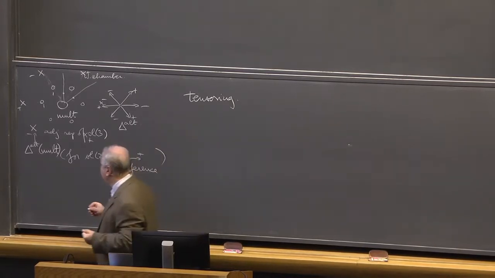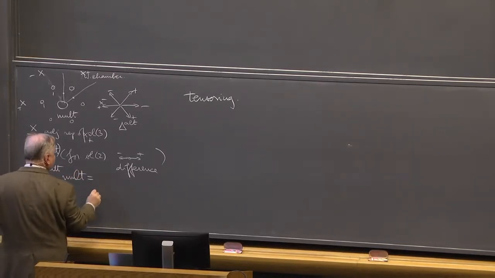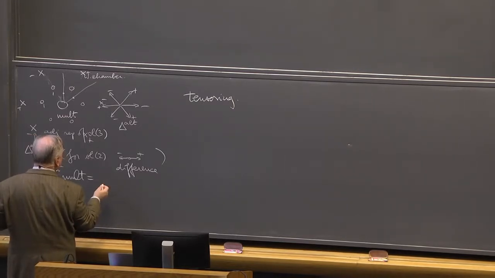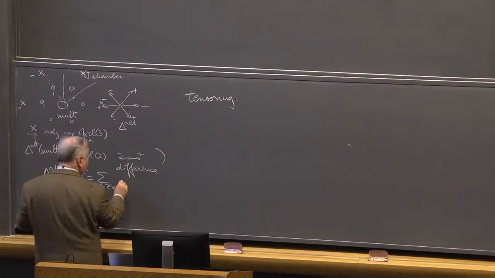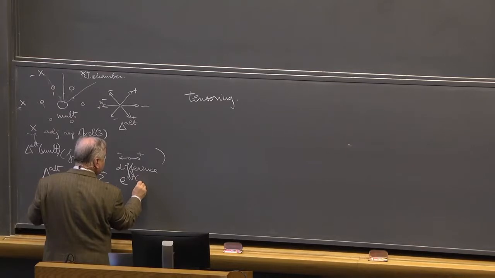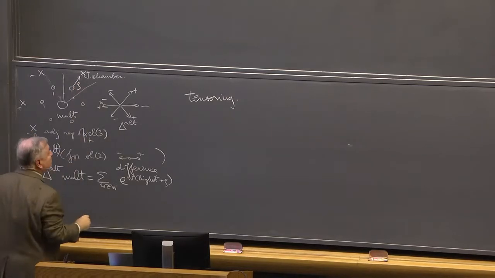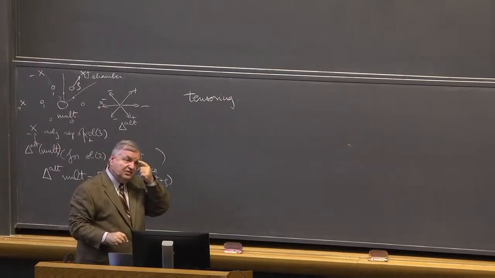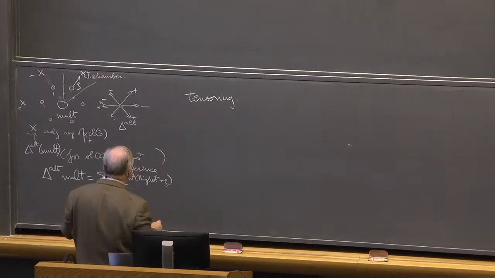This is a solution of: delta alternating of multiplicities is equal to the sum over the Weyl group of e to the w of the highest weight plus rho, where rho is the Weyl vector. And as I was saying, the Weyl vector rho is a sum of all the fundamentals and is a difference between the additive origin and the multiplicative origin.